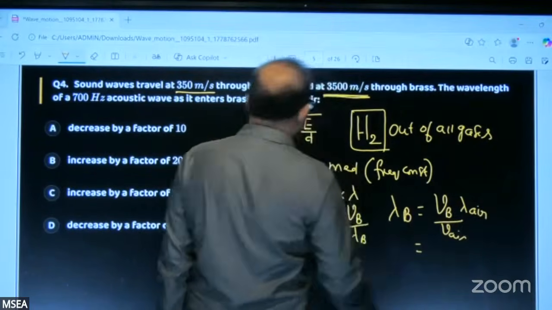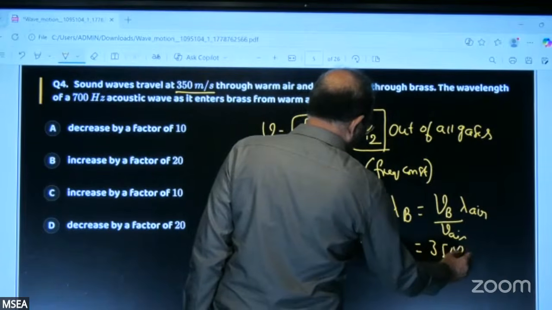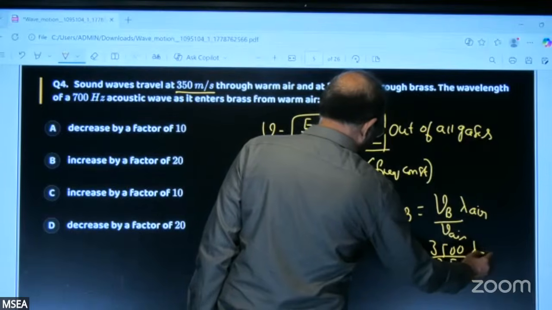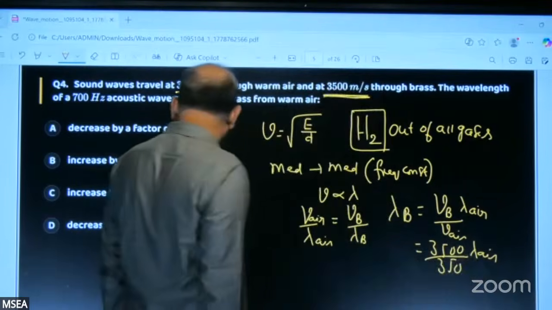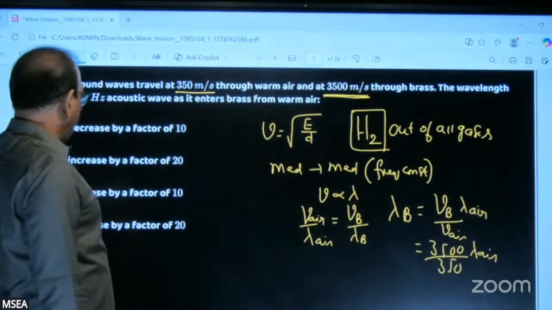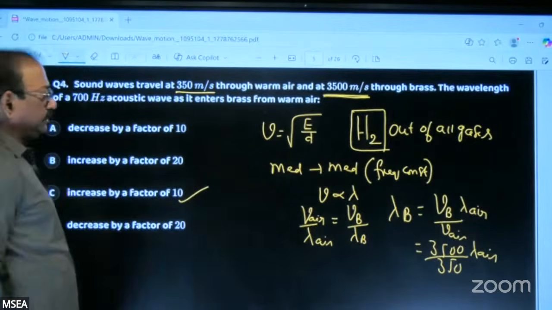Find this: VB is 3500, V air is 350, into lambda air. That is 10 times. The wavelength increases by a factor of 10.